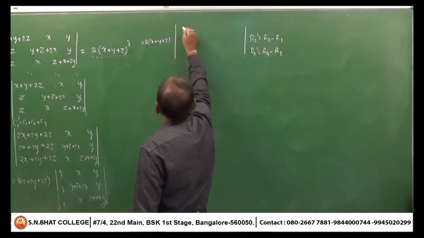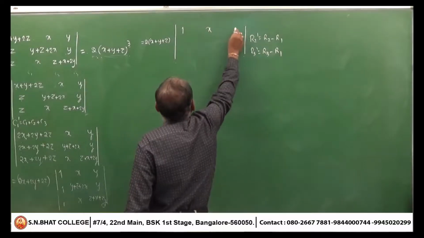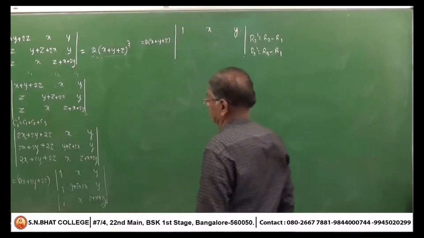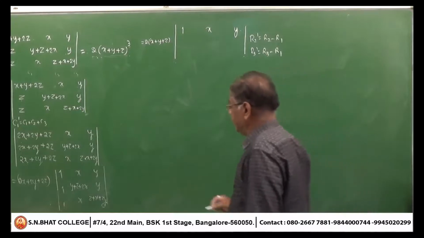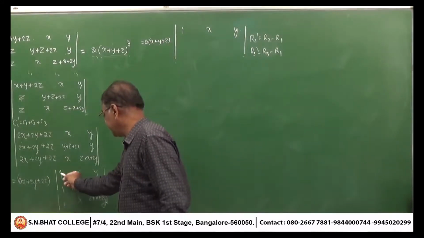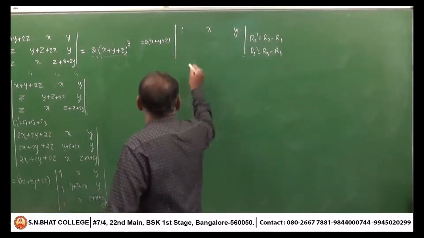The first row is 1, x, y. R2 dash is R2 minus R1. 1 minus 1 is 0.